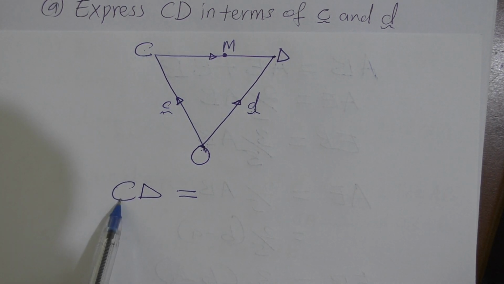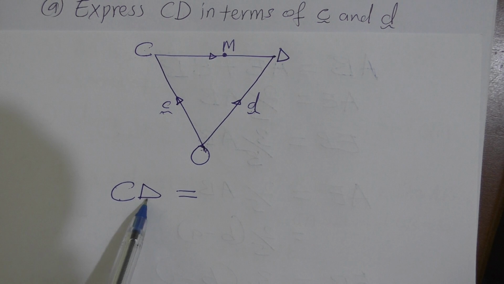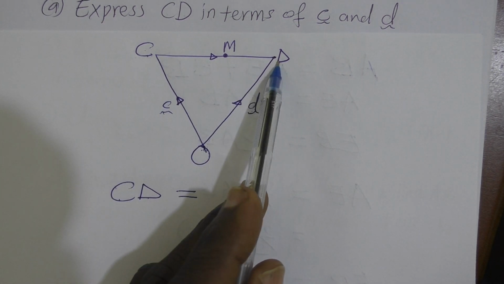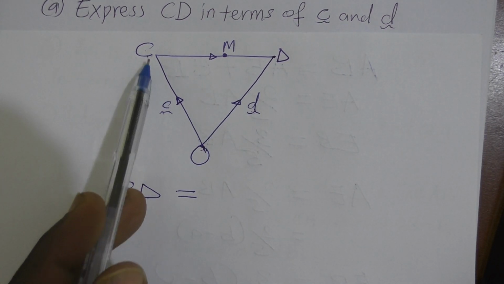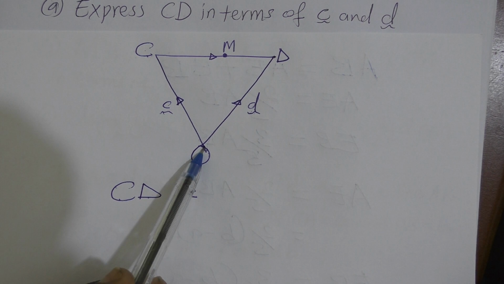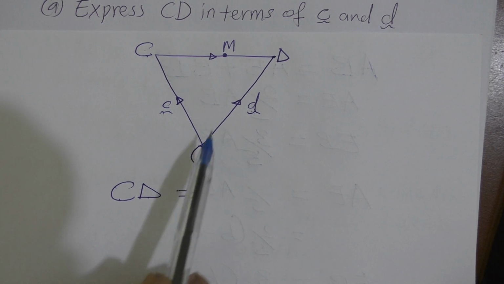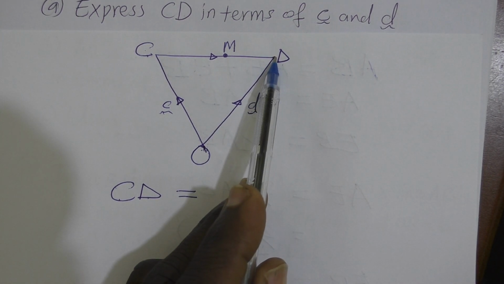The first letter shows where you are. The last letter shows your destination. So we are at C, we want to come to D. So from C, we shall come back to the origin. We can take this as our home. Then from home, the origin, to another destination, D.